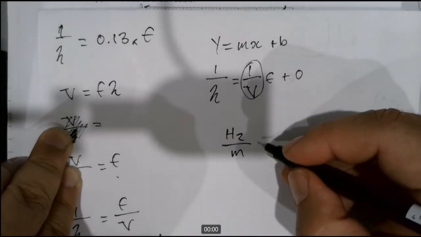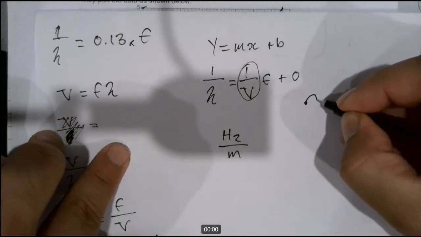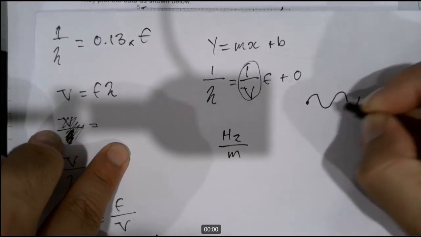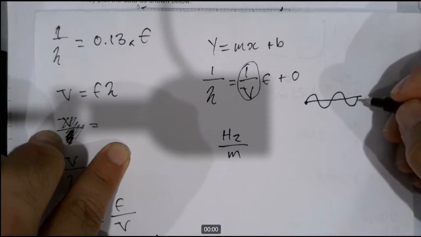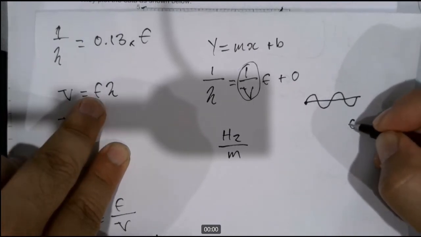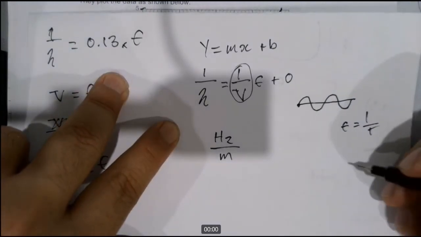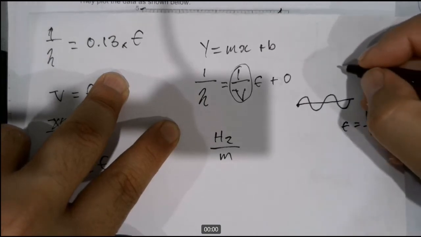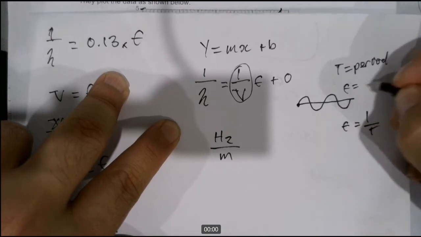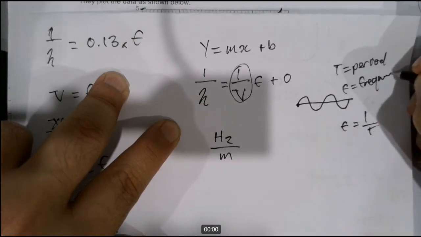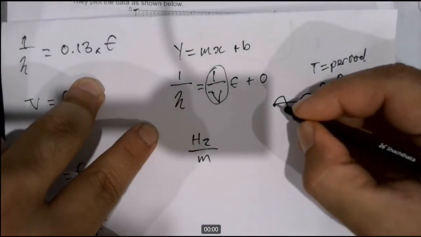Remember that hertz is equal to the amount of wavelengths that occur over a particular distance in a given time, and because frequency is equal to 1 over period, where T is the period, f is equal to frequency, and remember, period is the amount of time for it to complete one oscillation.